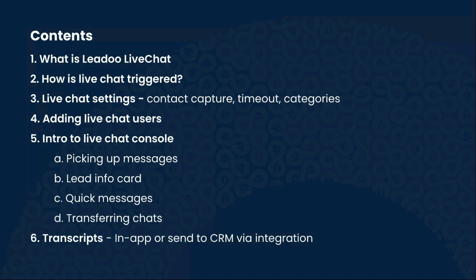Then we'll look at the live chat console itself, with examples of picking up chats, having conversations, what you can do in that screen, what information you can see, and how you can access all of that. Then we'll chat a little about the transcripts and where you can find those within the platform, and the option to send those to CRMs if that's what you want to do. As I say, we'll do a Q&A at the end. If you have any questions, of course, you can send those throughout. This is a rough agenda of what we'll be going through today.